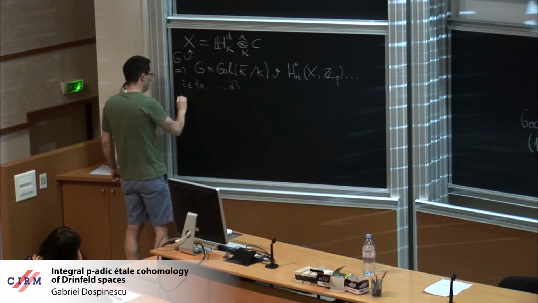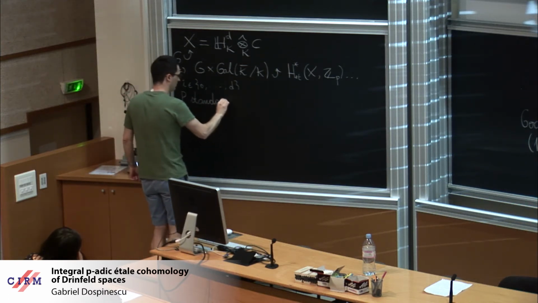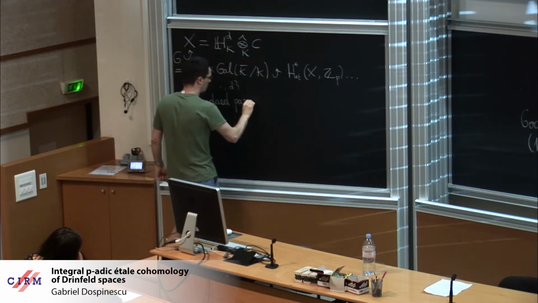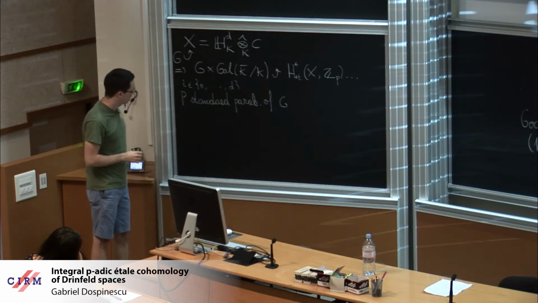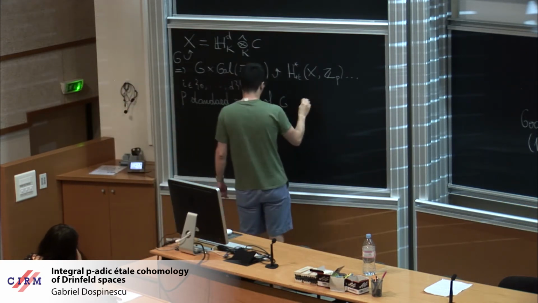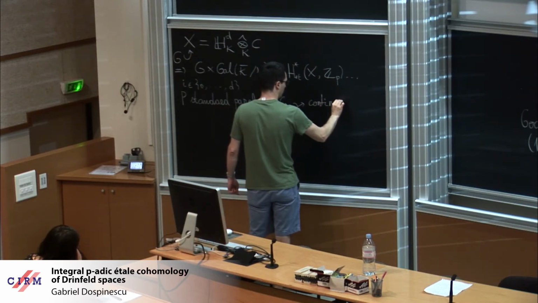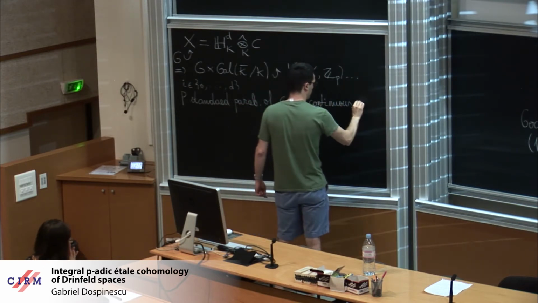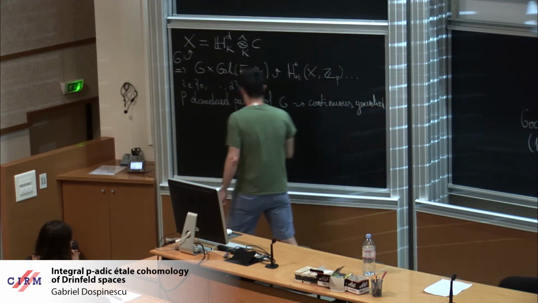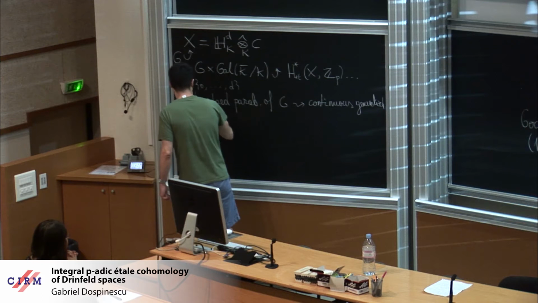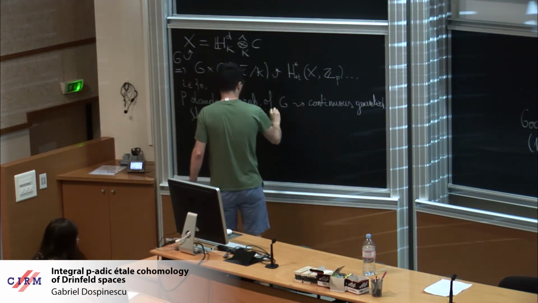So whenever you have P, a standard parabolic of G with respect, say, to upper triangular matrices, you can construct a continuous, say, generalized Steinberg representation with Zp coefficients.